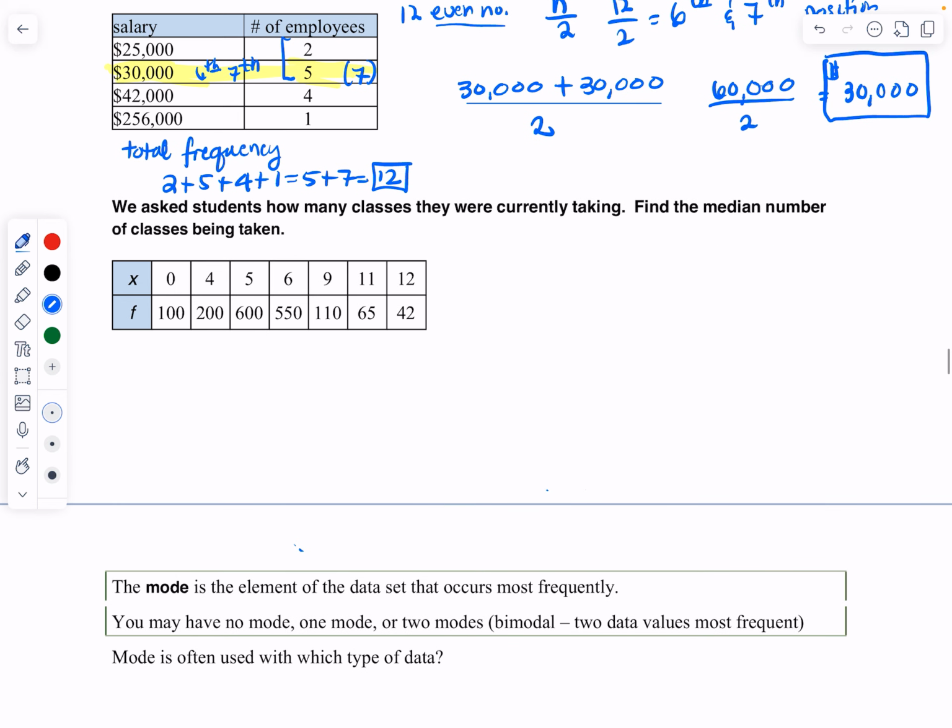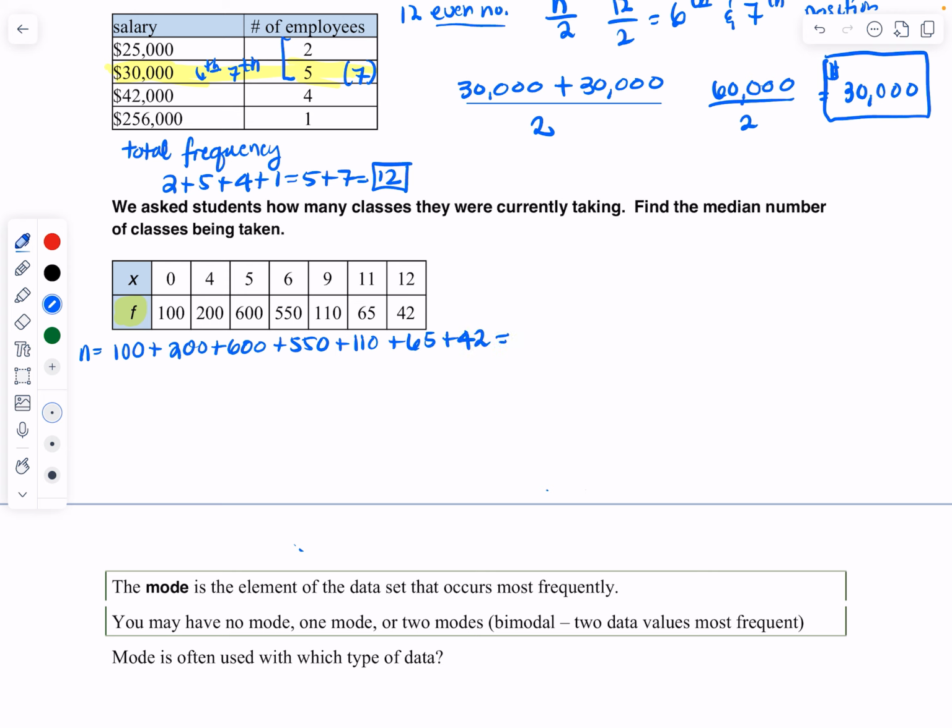Okay, so let's look at this next one. We asked students how many classes they were taking. Find the median number of classes being taken. The frequency is in this second row, so I'm going to have to find the total frequency first. So this is n. n equals 100 plus 200 plus 600 plus 550 plus 110 plus 65 plus 42.